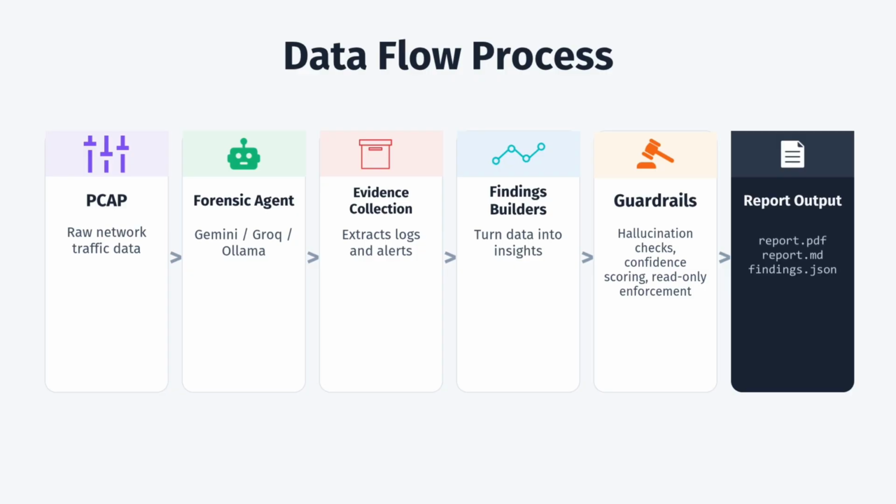As each tool is executed, its results are stored in the raw evidence dictionary, and evidence is accumulated over time. Once sufficient evidence has been collected, the system synthesizes the findings by mapping the raw evidence into report sections, then reconstructs the attack chain together with its key stages, and guardrails like hallucination checks, confidence scoring, and read-only enforcement ensure that the report output generated is accurate.